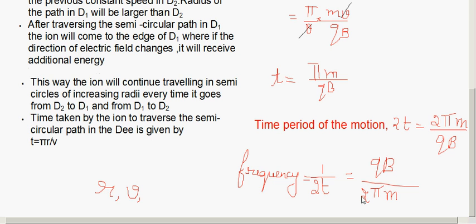It depends upon B and q, the charge of the particle, and also the mass of the particle, but it is independent of the radius of the path followed and also the velocity which the charged particle gains.